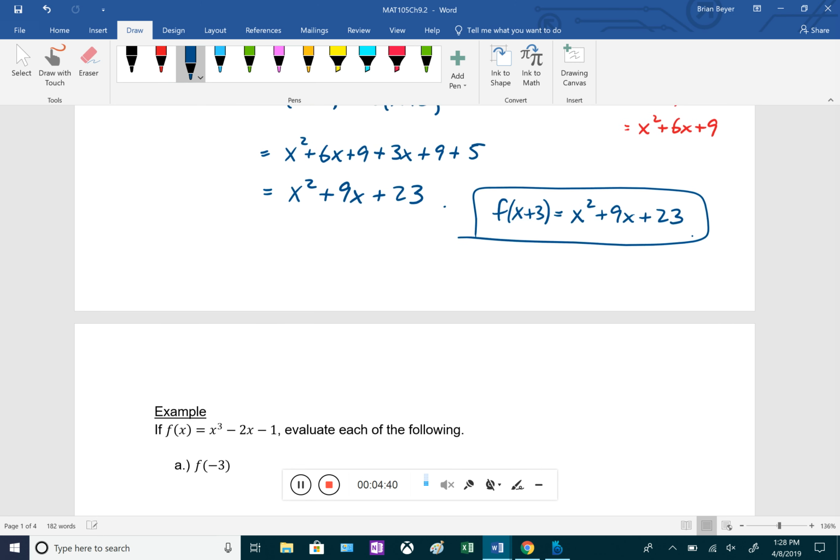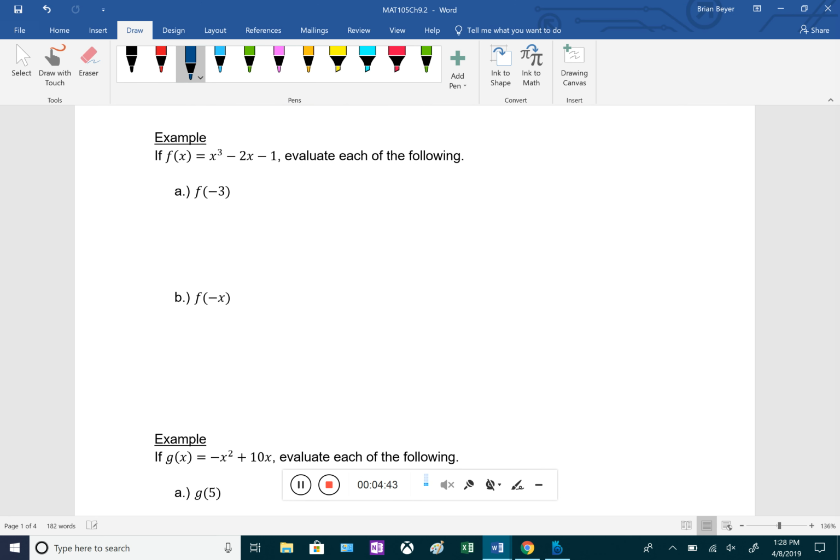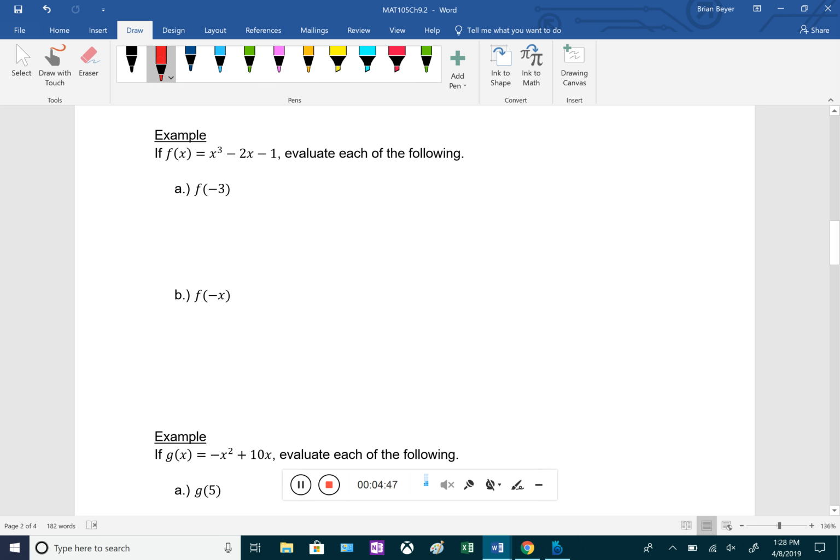Okay, so let's do another one. Do 2 more to make sure we're comfortable with this. So like we did in the previous one, part B, when I did f of negative x, I'll put a little note up here. If you have a negative x to an even power, you can drop the negative and it becomes x to whatever that even power is.